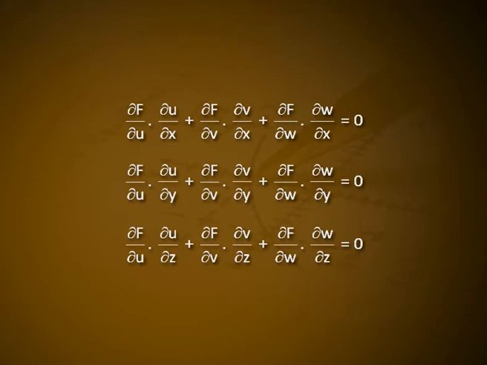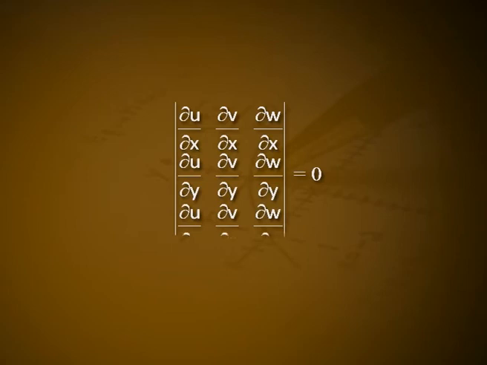Eliminating del F by del u, del F by del v and del F by del w from these equations, we have determinant first row del u by del x, del v by del x, del w by del x, second row del u by del y, del v by del y, del w by del y, third row del u by del z, del v by del z, del w by del z equal to 0.